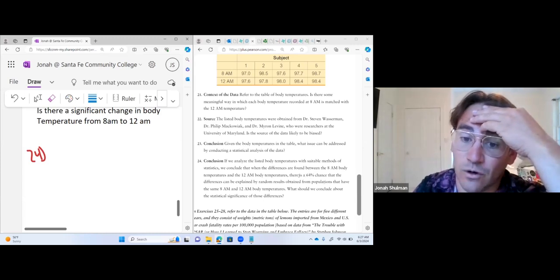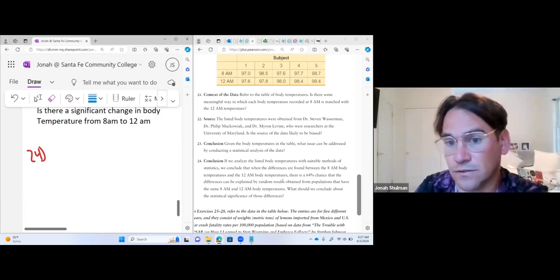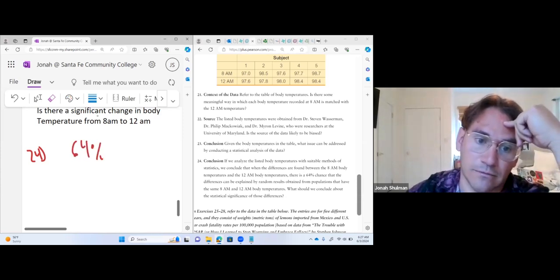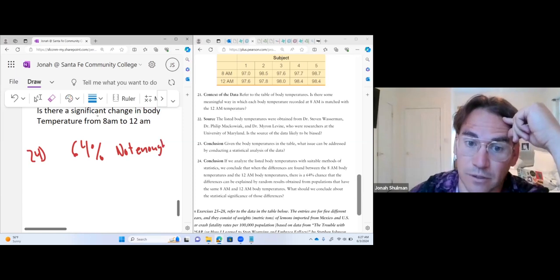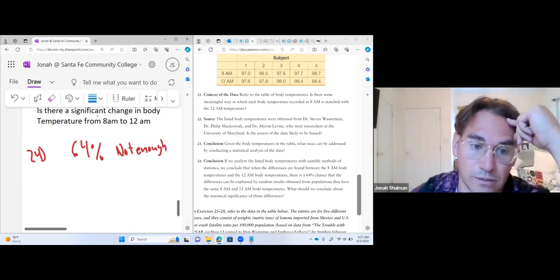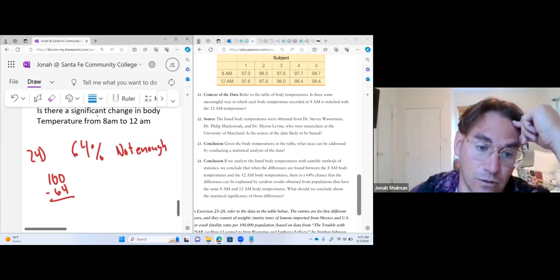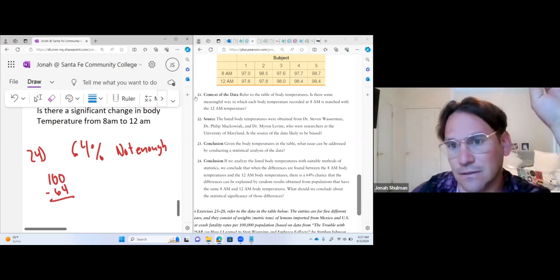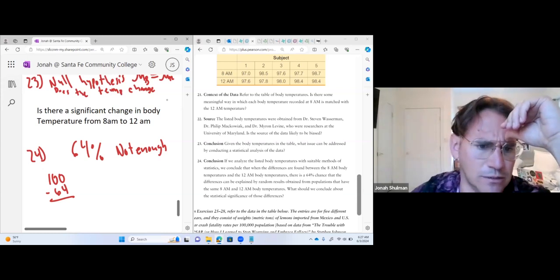We're saying 64% it's due to chance, it's due to randomness. That's not good. 64%, not enough. And it's for random. So that means we can take 100 minus 64. We're saying that, and I could see that some go up and some go down here. So ready? So that would be 36.